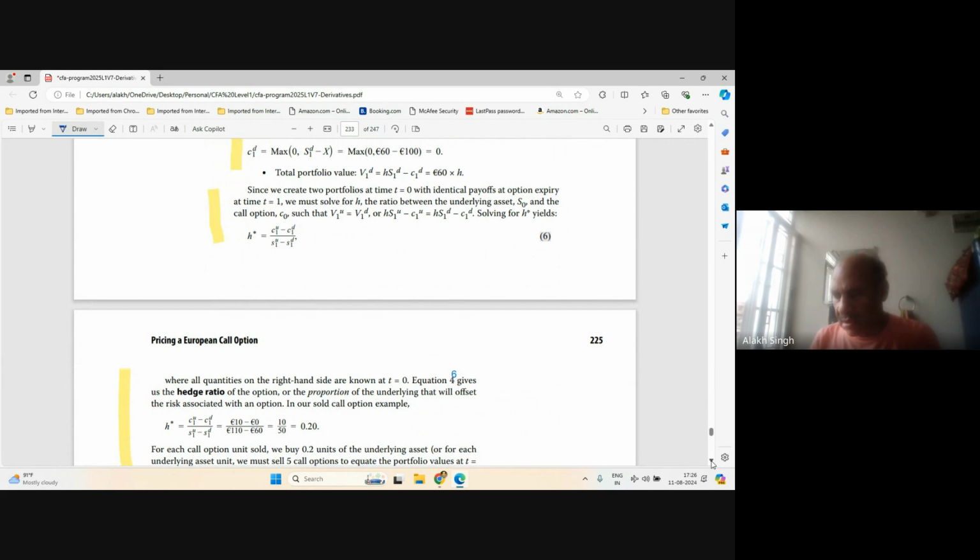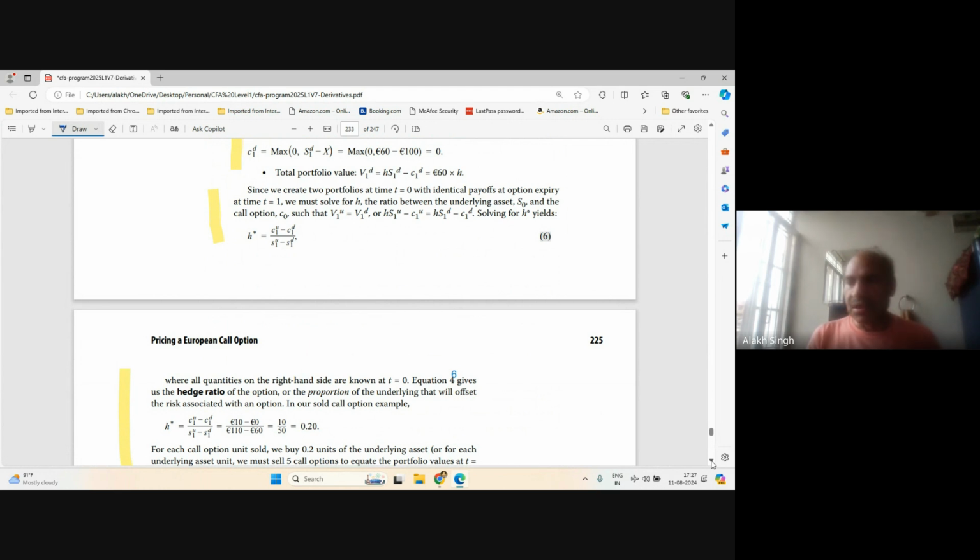So the relationship between the call and the underlying is negative for hedging, because if the underlying price goes up, the call price also goes up. Since they are on two different sides, we have to make them neutral.